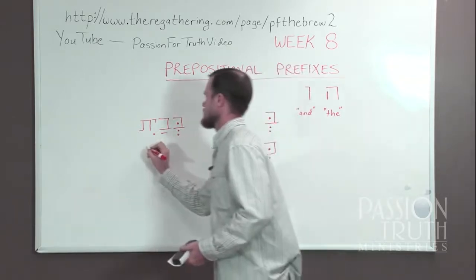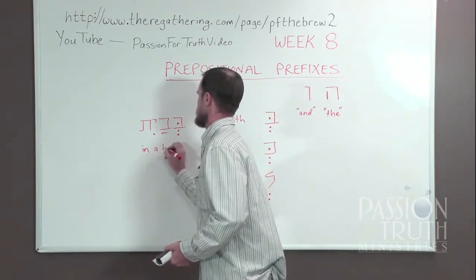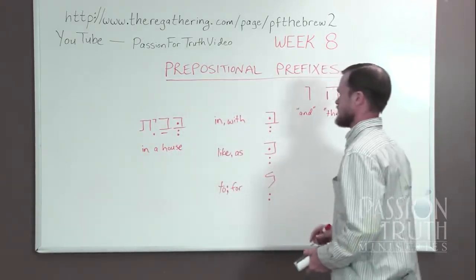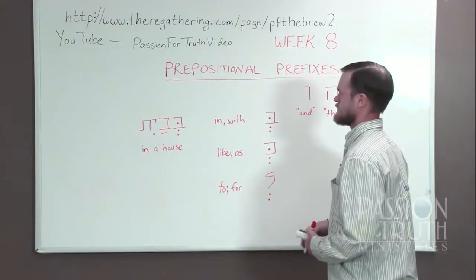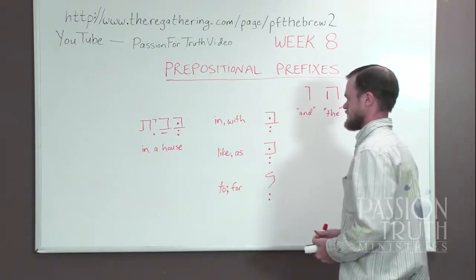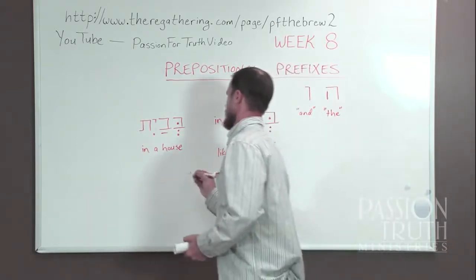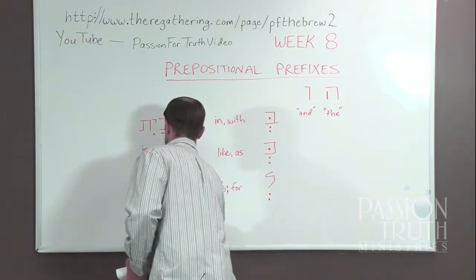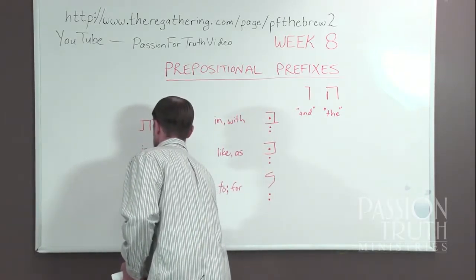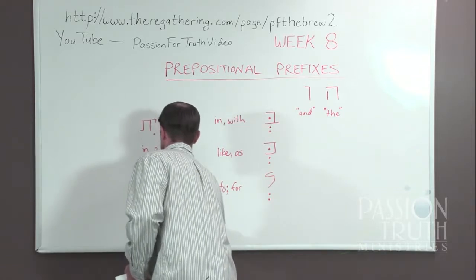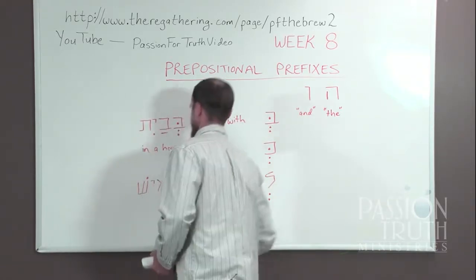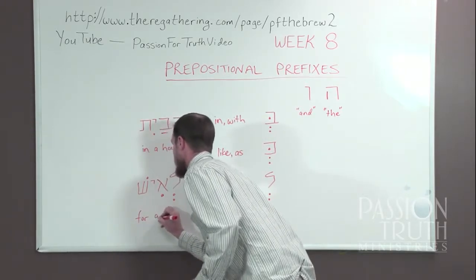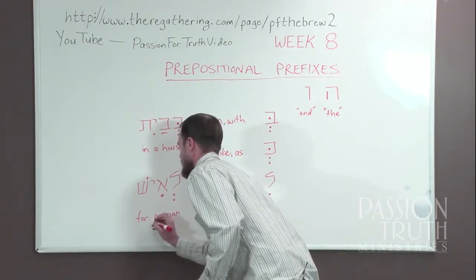Okay, in a house. Something is for a man, lamed prefix in front of ish. Okay, so le'ish, for a man. Or it could be to a man, just depends on context.